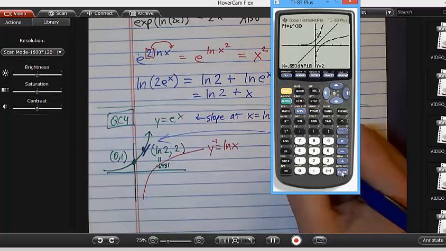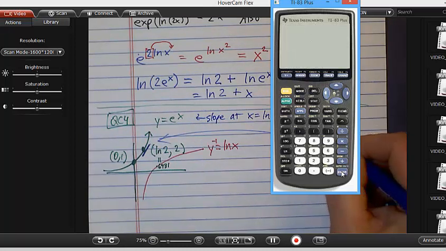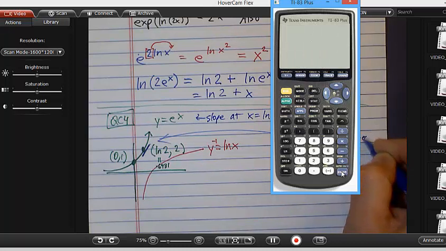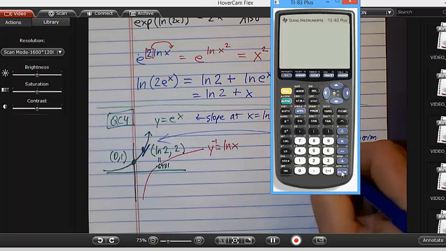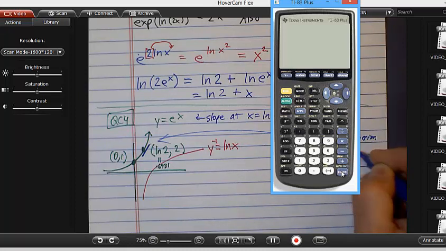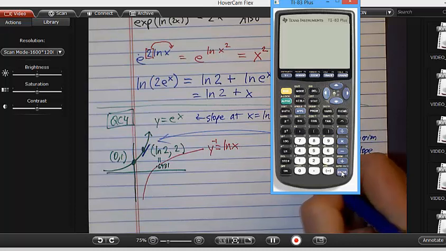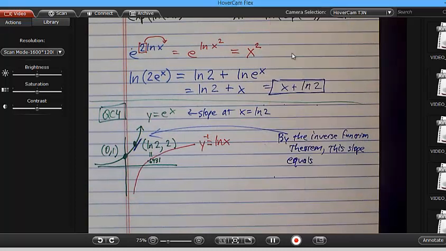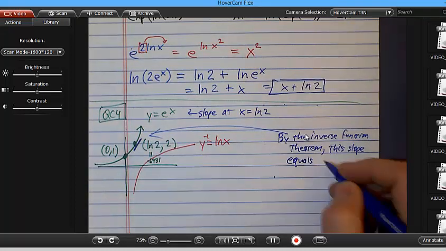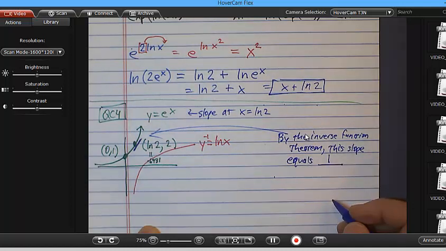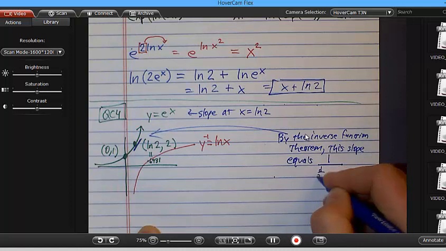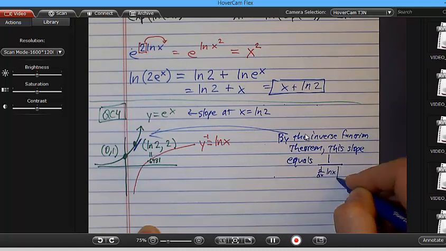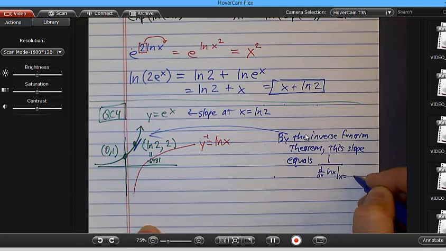So if you want the derivative of this blue, we want that slope. I'll tell you, by the inverse function theorem, this slope equals 1 over the derivative of ln of x evaluated at x equals, what's the right x value to use? 2, that's right.